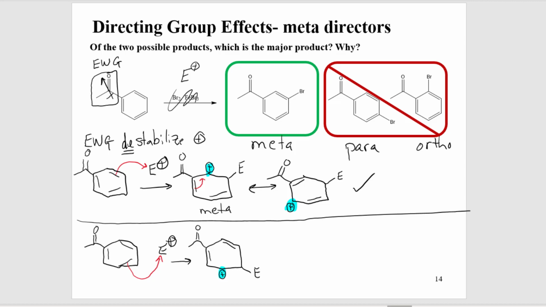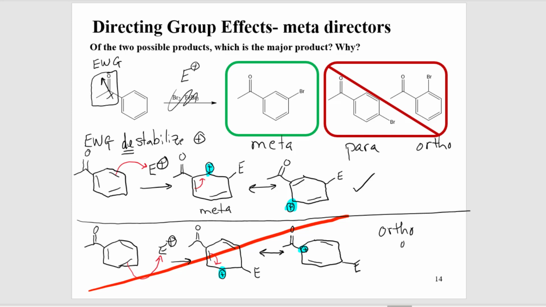Now, by resonance, oof, I end up with the carbocation at the foot of the electron withdrawing group, which is not a good thing. I was trying to avoid that, and this is bad. We want to avoid the ortho and the para because they put the carbocation directly at the foot of the withdrawing group.